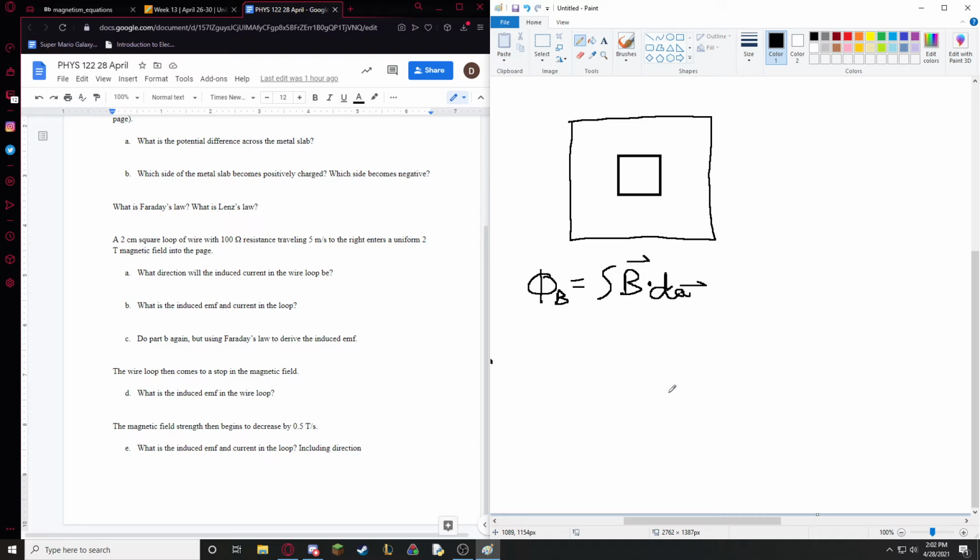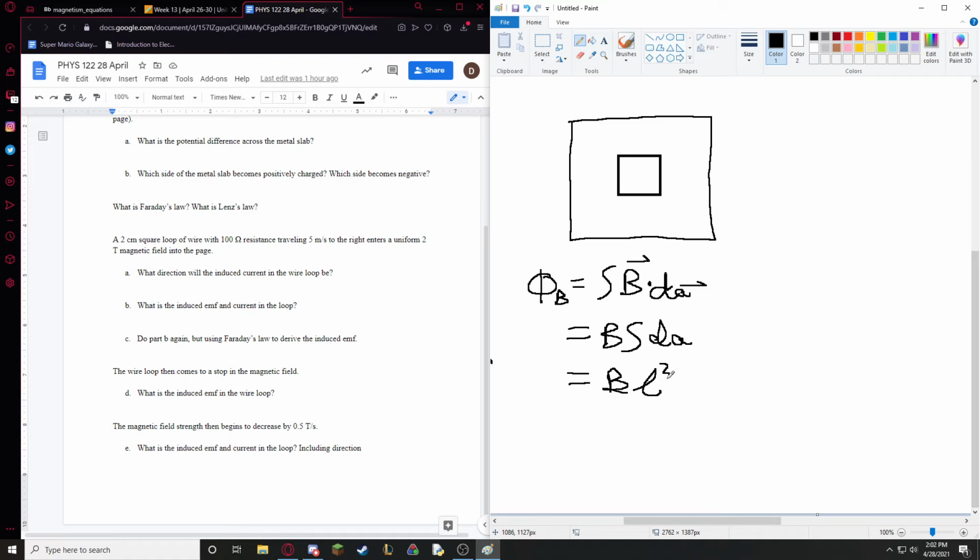Yeah, but we know that's 1. Exactly. So then you said B is a constant, right? Yep, B is a constant. And then the integral of dA would be just area. And then what's the area of our loop here? That's 2 centimeters squared? Yeah, or in this case, I'm just going to call it L squared. L squared, okay. So we have BL squared.